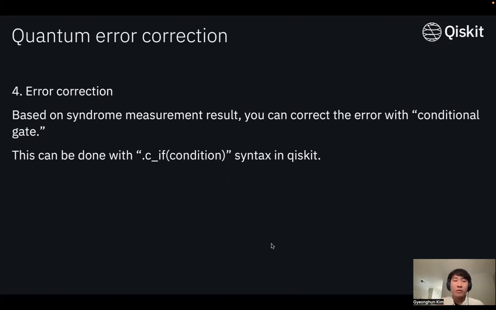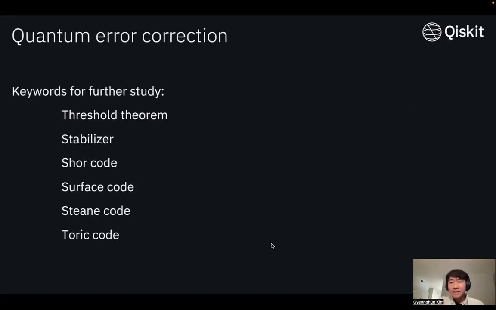You can do this with an if syntax in Qiskit, and I think you're already familiar with this syntax because I guess you already solved the previous lab examples. This kind of syndrome measurement method is one of the most basic error correction methods. So if you're interested in quantum error correction, I hope you study these further keywords.